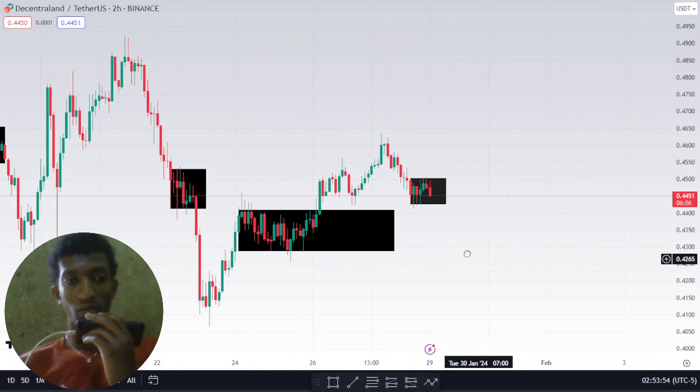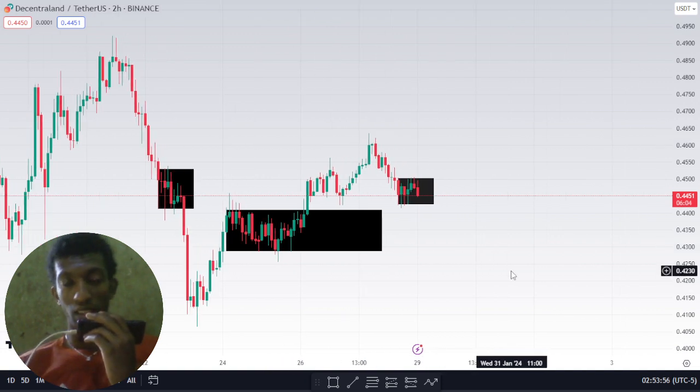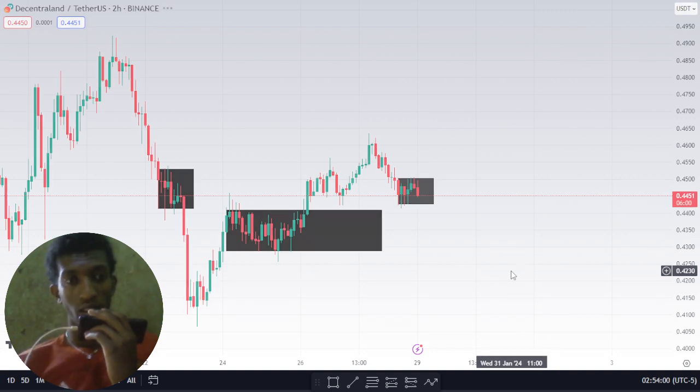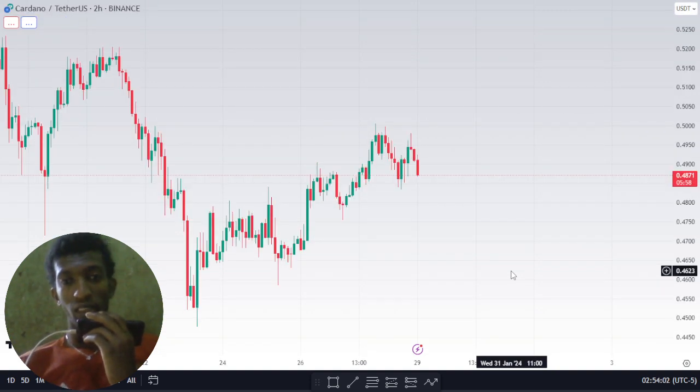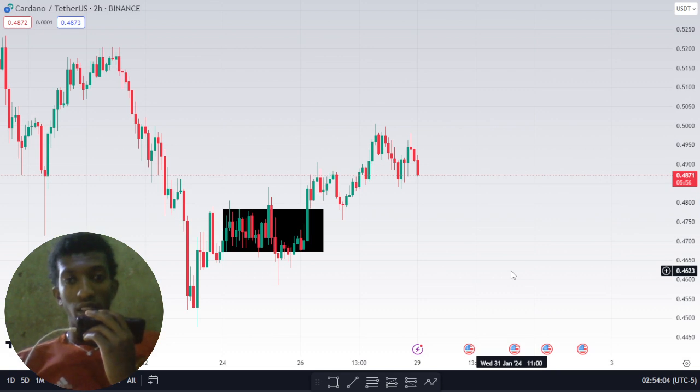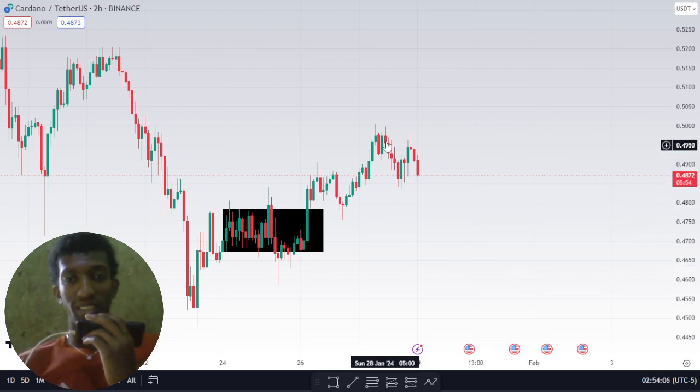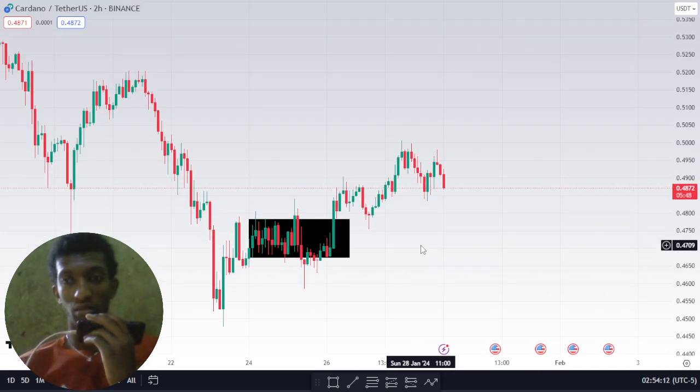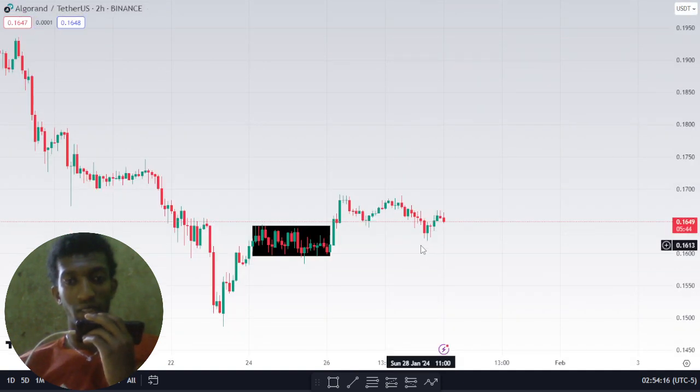This is what we're gonna do on Decentraland versus on USDT, right? US Tether. No trade here, and this thing was not great, as you can see. Cardano was not great. So back to here.